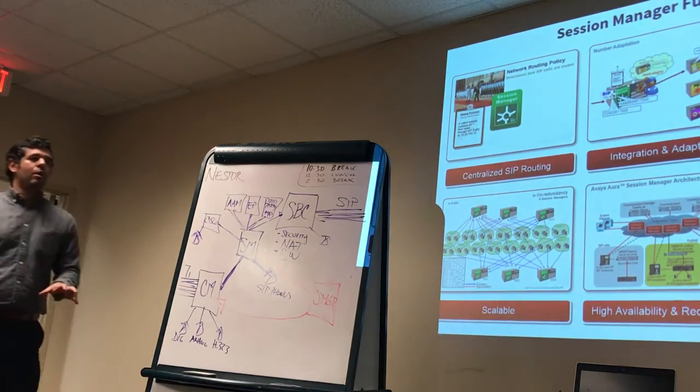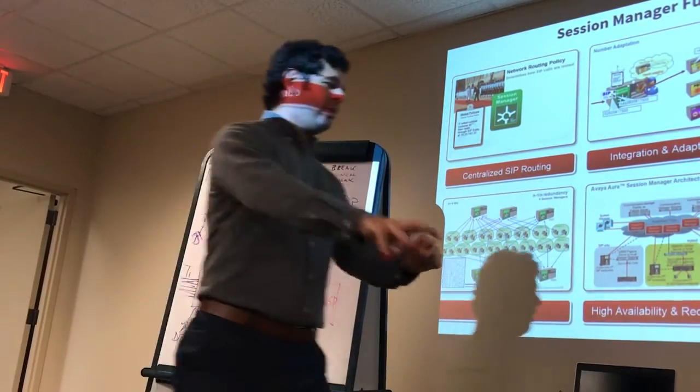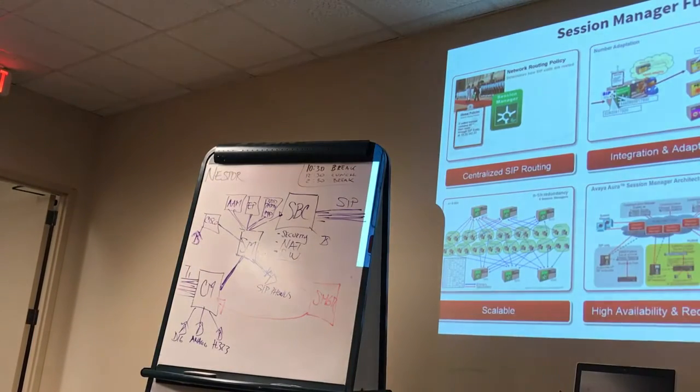So those are going to be two applications in the branch: a branch session manager and a CM survivable server that could be an LSP or an ESS. In release 6.3, you were able to have up to 250 branch session managers. In release 7, you're able to have 500 branch session managers.